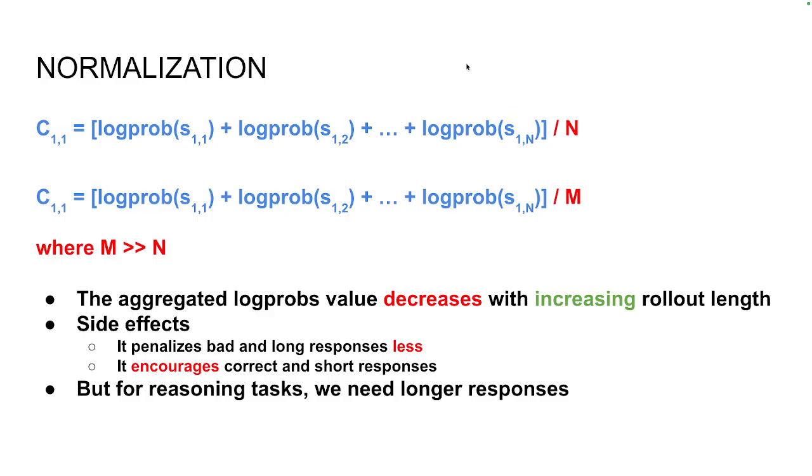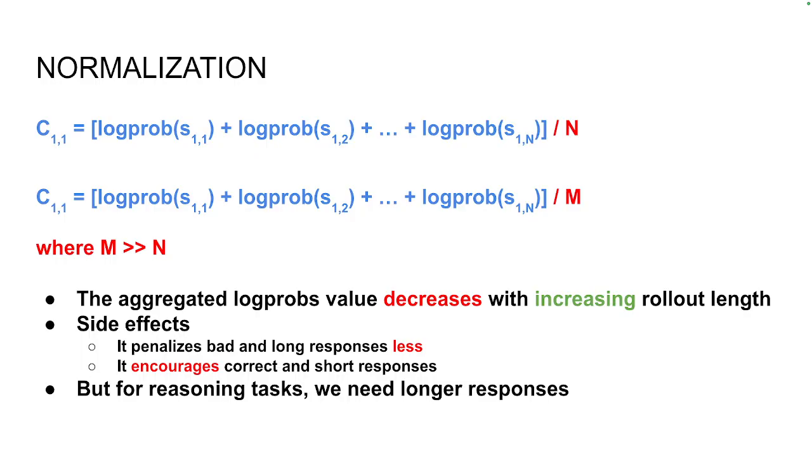But this normalization is kind of discouraging this, and also, if your response is way too long and it is bad, it will penalize it less because you're normalizing by the number of tokens. And also it will encourage the correct and short responses.